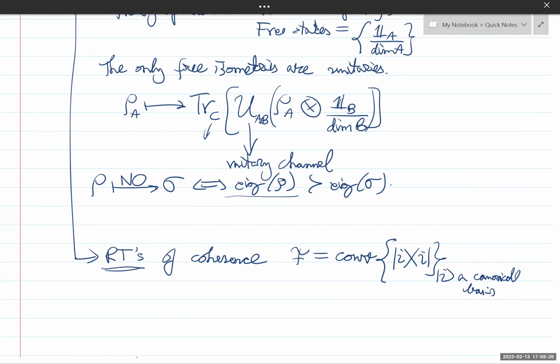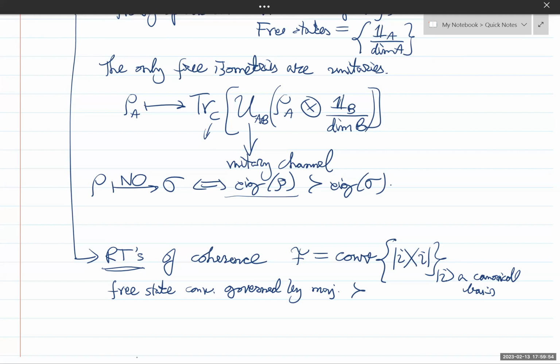And it turns out that in more than one of these resource theories of coherence, free state convertibility is again governed by majorization, this relation, right?